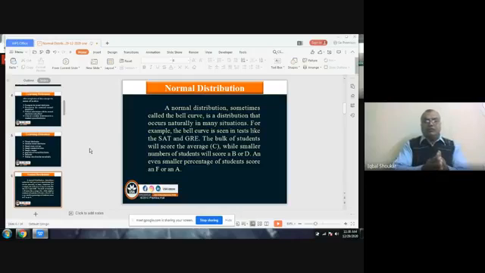For example, the bell curve is seen in tests like SAT and GRE, where you'll observe the number of students who score on average, around C, while a smaller number of students will score a B or D, and an even smaller percentage of students score an F or an A. It means that there exists a bell-shaped or asymptotic curve where half the data exists to the right side of the mean and half the data exists to the left side of the mean.